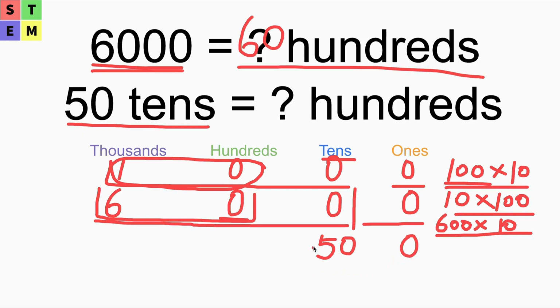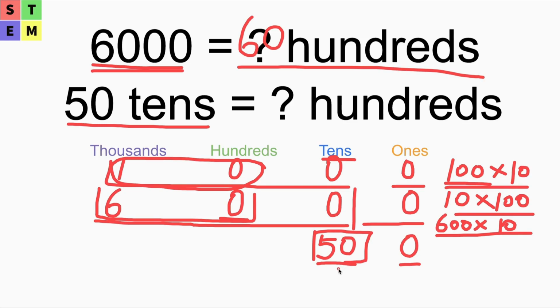All right. Once we look at this number, it looks like 50 and 0, right? So that's 500, right? Once we have the 50 here, what we're going to do with it?